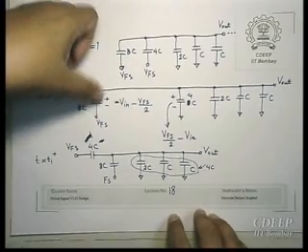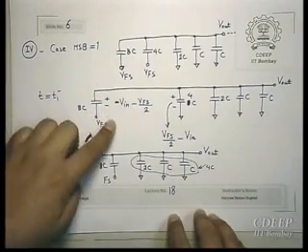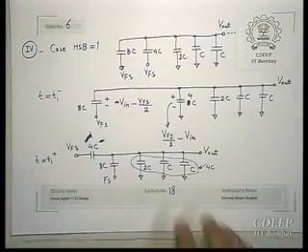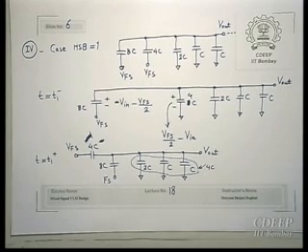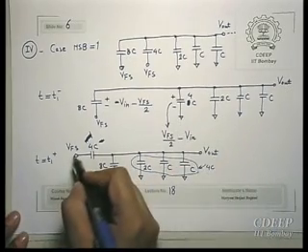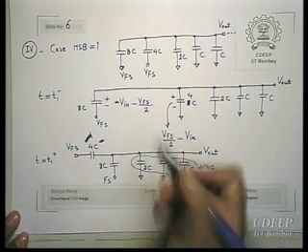So in T1 minus, if you look at this loop, again you will have plus V in minus V in equal to 0. So as far as V in is concerned, nothing changes, V in will remain as it is. Only we have a change or jump from 0 to plus V full scale at the bottom plate of 4C.